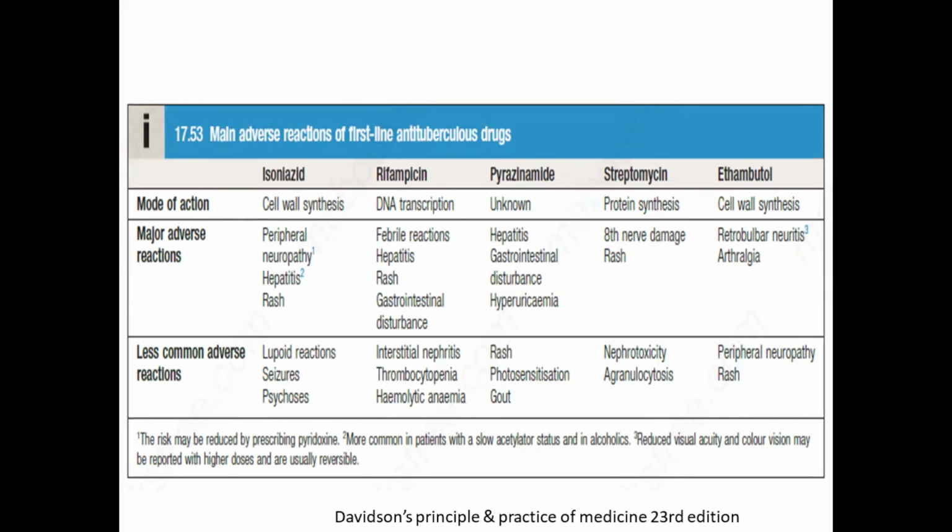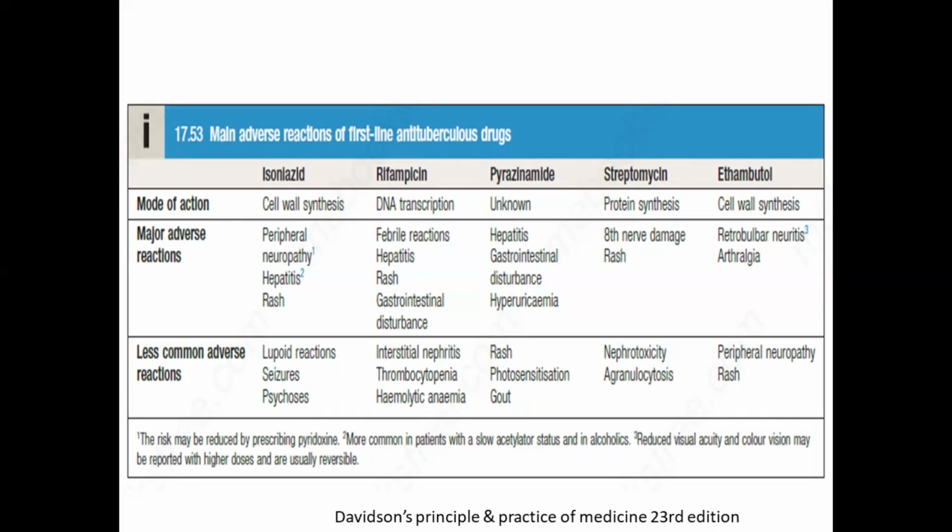For rifampicin, the mode of action is DNA transcription, and the major side effects are hepatitis, febrile reaction, rash, or orange colored urine. Though orange urine is not a major side effect, the patient may get concerned. So you need to counsel the patients who are about to take this medicine that their urine will be orange in color and there is no need to worry.